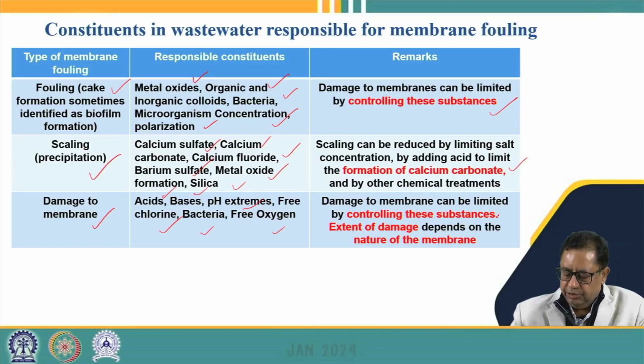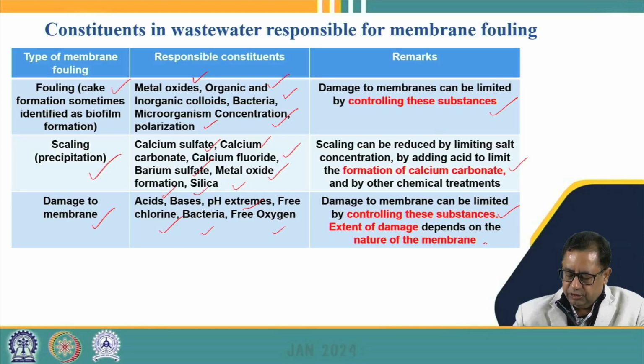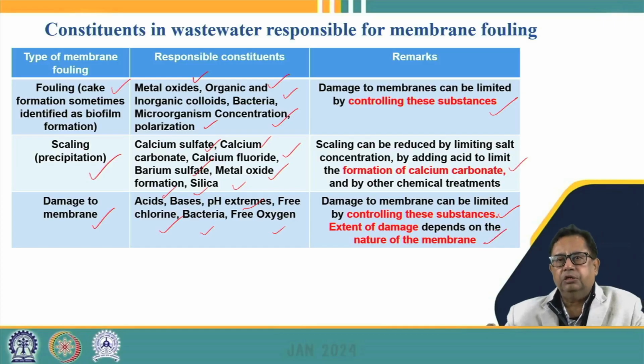So this can be reduced by controlling these substances by using pre-treatment. Similarly, the extent of the damage will also depend upon the type of membrane that we are using. If we are using a robust membrane, it may be able to bear these conditions. But if we are using membranes which are very prone to these attacks, they can be damaged very fast and we have to replace the membranes at a very early stage.